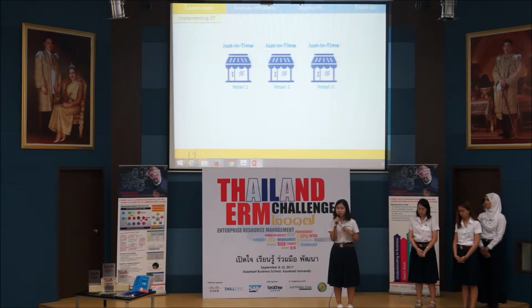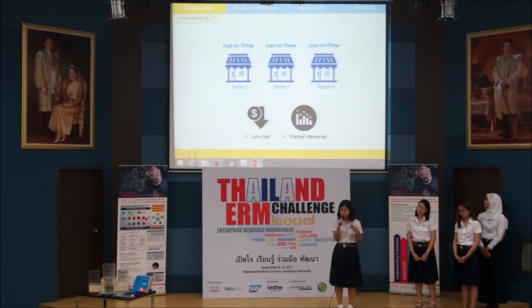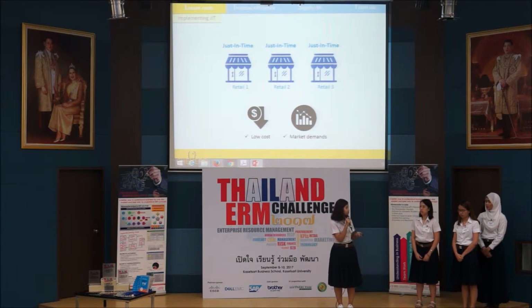We try to keep our rental space as small as possible in order to keep costs low, but still meet the market demand. And a result of implementing the just-in-time purchasing system is a lower rental cost in retail compared to when we use the conventional purchasing system.